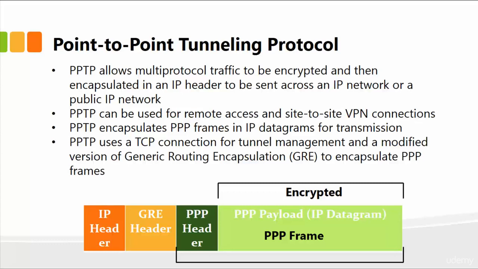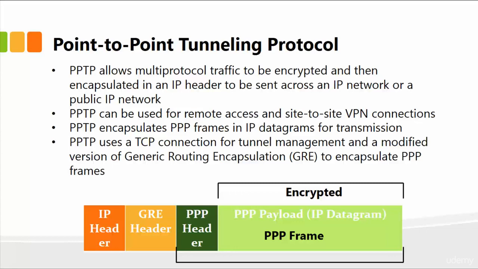It also encapsulates frames and IP datagrams and makes them ready for transmission. PPTP uses our basic TCP connection for tunnel management, and a modified version is also available, also known as the generic routing encapsulation, or the GRE, to encapsulate PPP frames.